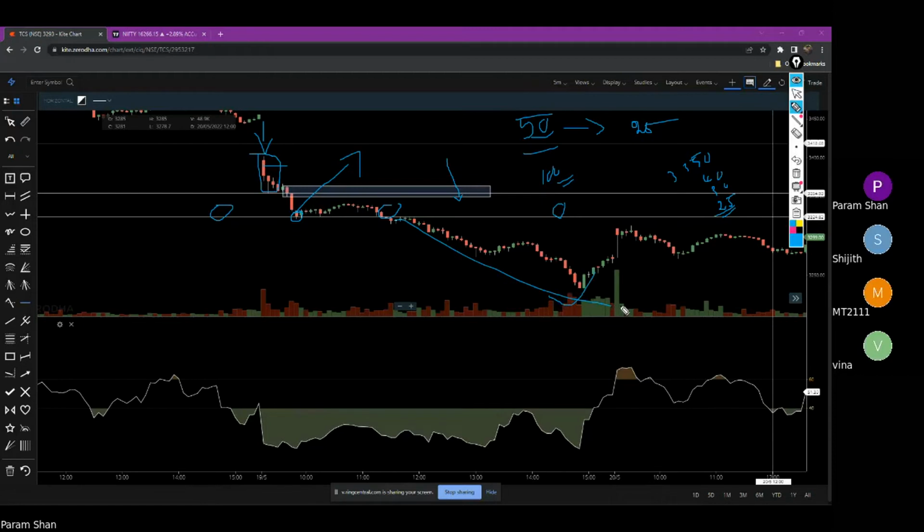See, when the price started taking the support, when it reached here, it was almost about the 30 range, right? Param, on the first day of our training, you mentioned the Fibonacci series also. We can follow that here also.